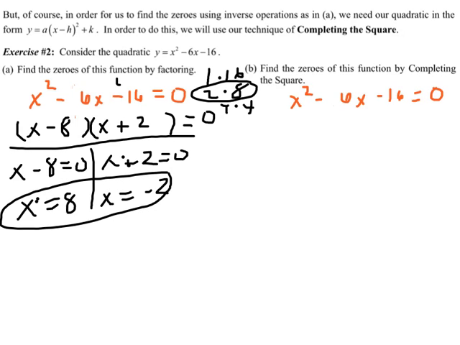Now we're going to do the same thing by completing the square. So with completing the square here, if you remember, I'll change colors so we can see what we've got going. On something like that, remember we write down the first 2, so the x squared, we put down the minus 6x, and then we go with 2 blanks, then the minus 16, and then the equals 0.